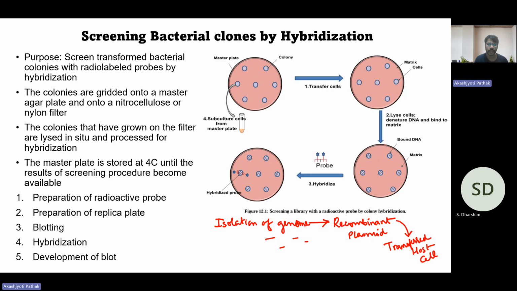Any membrane you can use as a matrix. Because you have lysed these cells, it will have the DNA, and then you add a probe. The sequence of the probe will be complementary to your target sequence. This probe will be labeled with a particular fluorescent tag, or it can be labeled with a radioactive molecule.